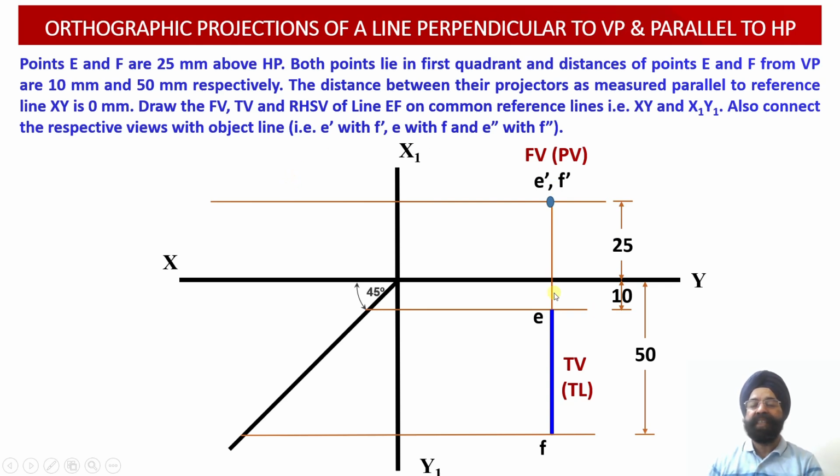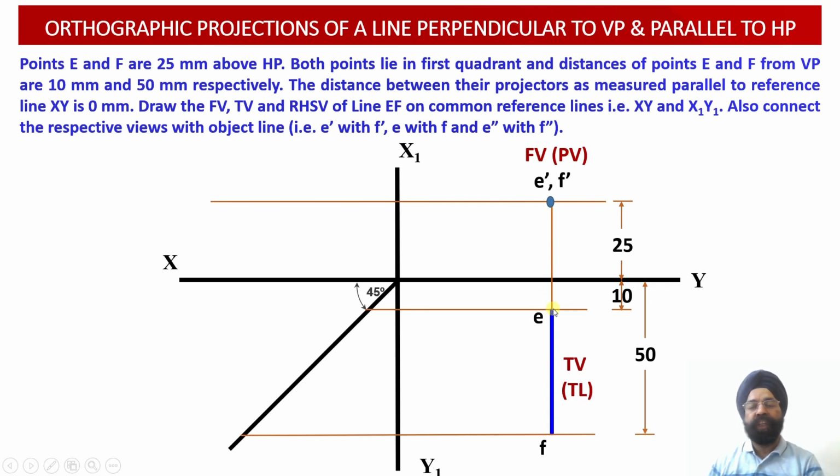So whatever distances of the points E and F there are from the vertical plane, these distances need to be transferred from the top view onto the profile view over here. In order to transfer this distance of point E, what can I do? Please check, this distance happened to be 10 millimeter.